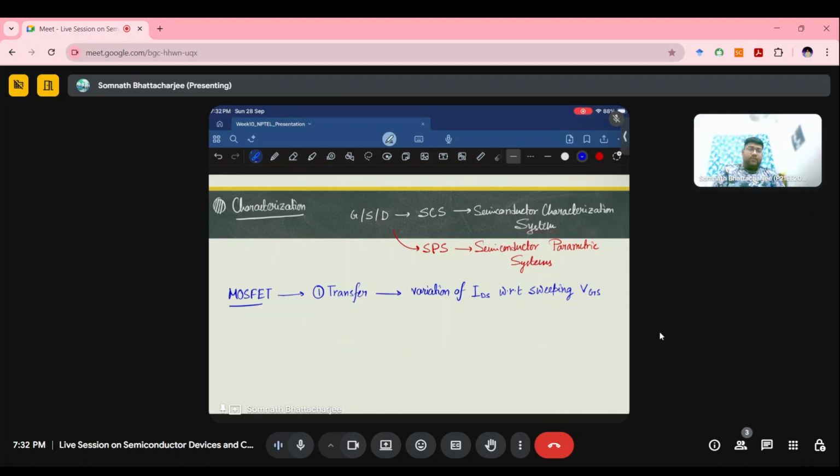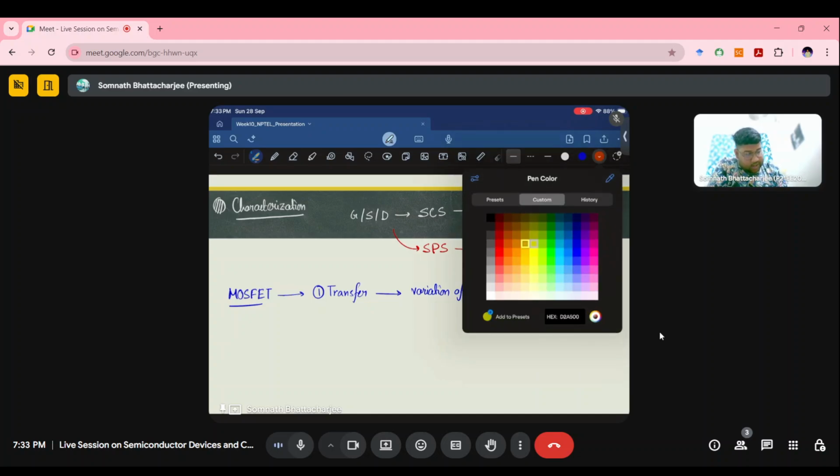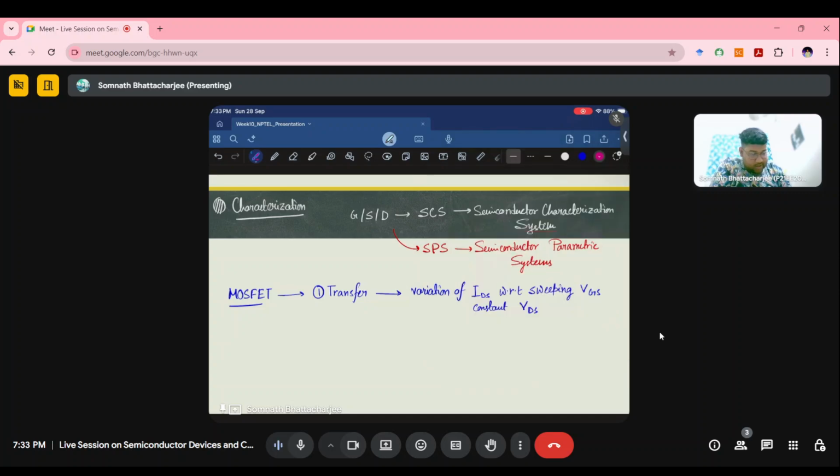In this case, we are sweeping the VGS values and recording the value of IDS while giving a constant VDS. So we give a single VDS value and sweep the VGS value.